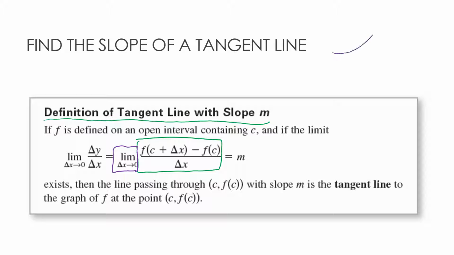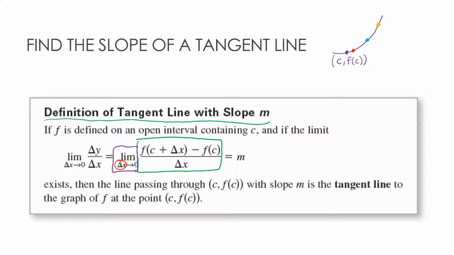Well, let's think about our last picture, and this was our point c comma f of c, and then we were talking about some other point that we were going to use. So we might have started here, and then we said, okay, well, let's move that point a little bit closer, and then, hey, let's move that point a little bit closer, and delta x refers to the change in x.